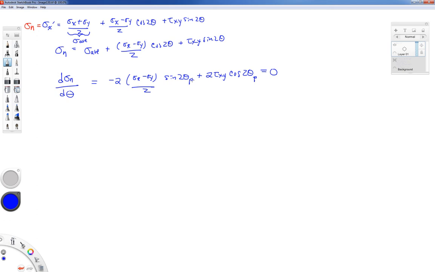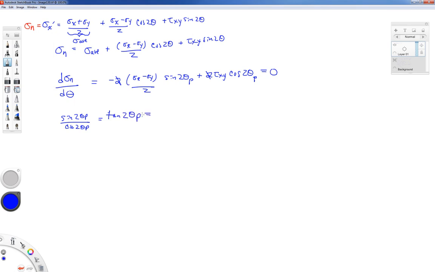Now, to help us solve for the angle theta, let's rearrange this equation just a little bit. We're going to solve for the tangent of theta. We're going to be able to combine the sine and the cosine trig functions. Now the 2's will cancel out here and here. And let's see, if I move this to the other side and then divide through by terms, cross multiply, I'm going to have the sine of 2 theta p divided by the cosine of 2 theta p, which we know is the tangent of 2 theta p.